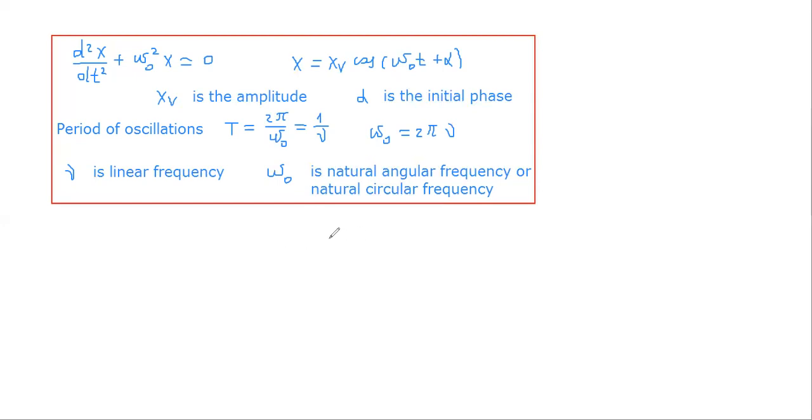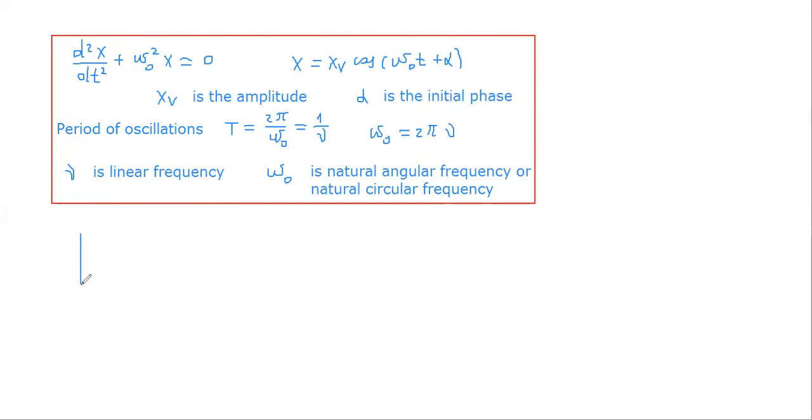So there are some dissipative forces that try to prevent oscillations. So let's have a look at a simple oscillator with damping.